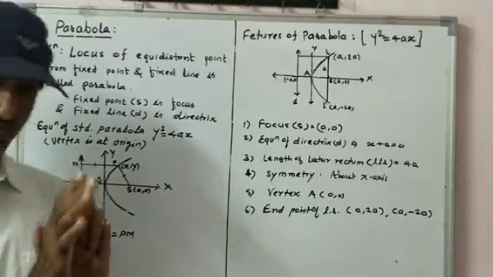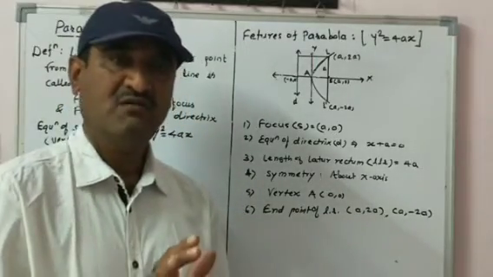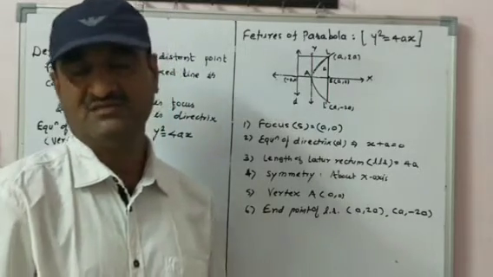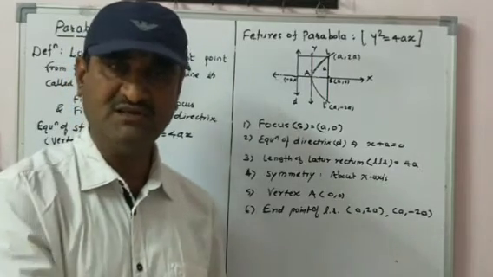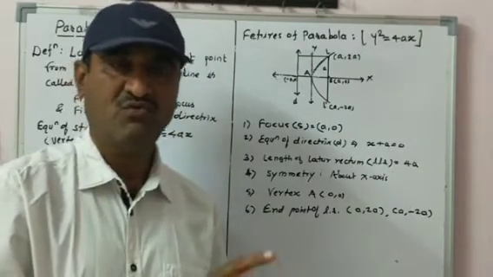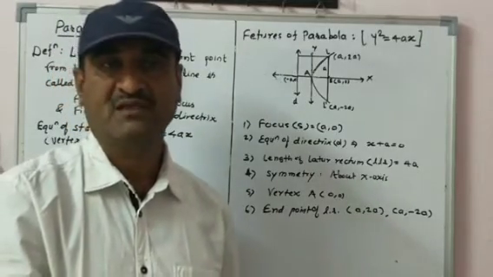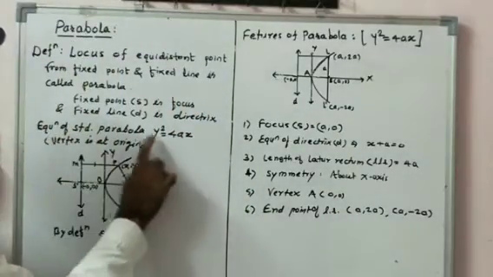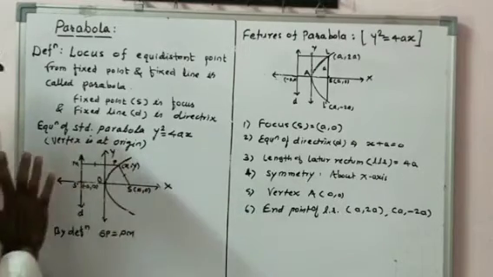And a standard parabola means the vertex of the parabola is at the origin, like a standard circle, where the center of the circle is the origin. In the same way, for a parabola, if the vertex is at the origin, then it is a standard parabola. The equation of the standard parabola is y square is equal to 4ax, and its vertex is at the origin.